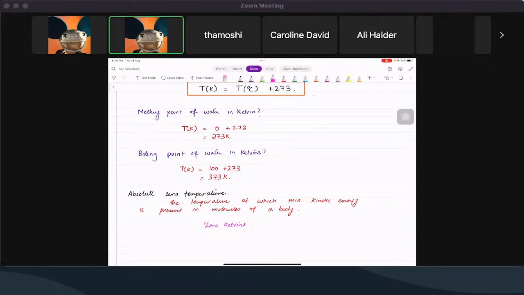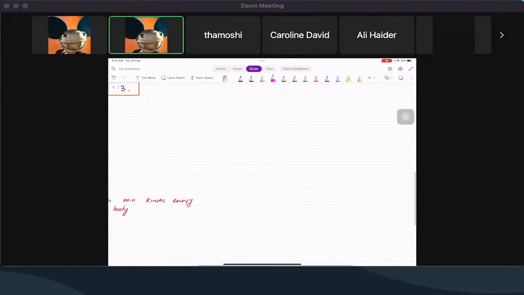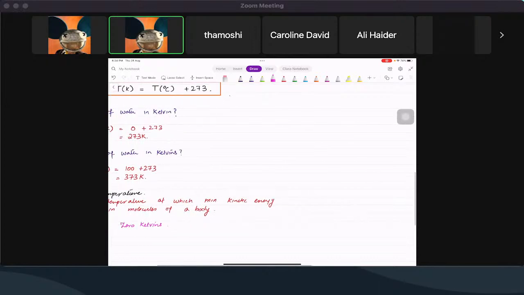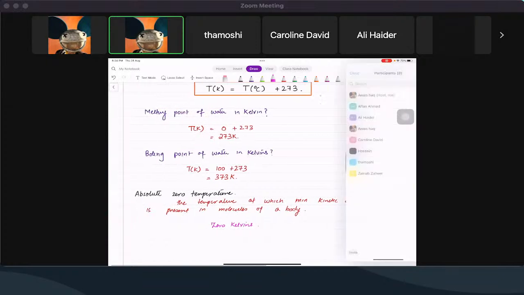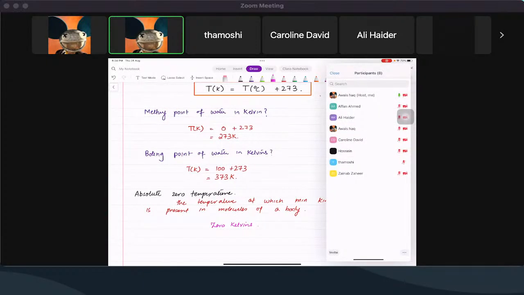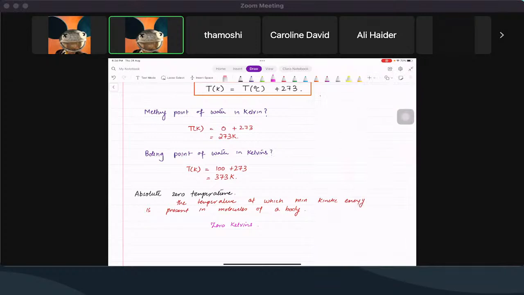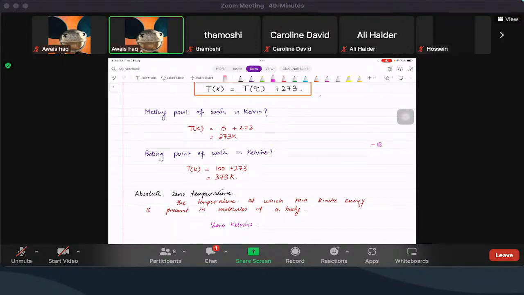Nobody knows in this class. The freezer is sometimes minus 18 degrees Celsius and sometimes minus 25 degrees Celsius. That's so cold that your food does not go bad for weeks or months, right?